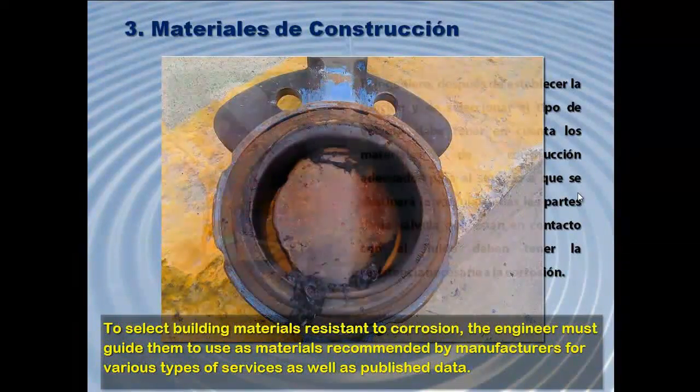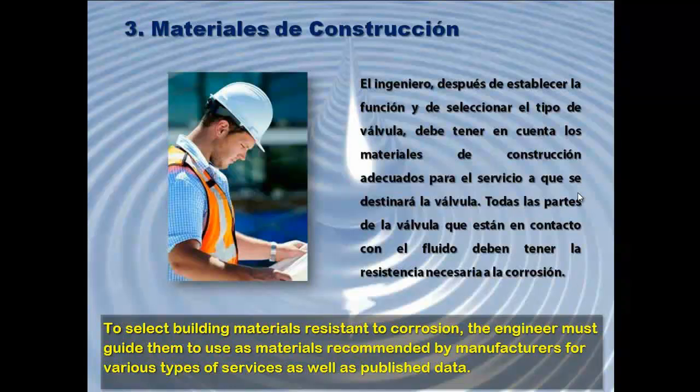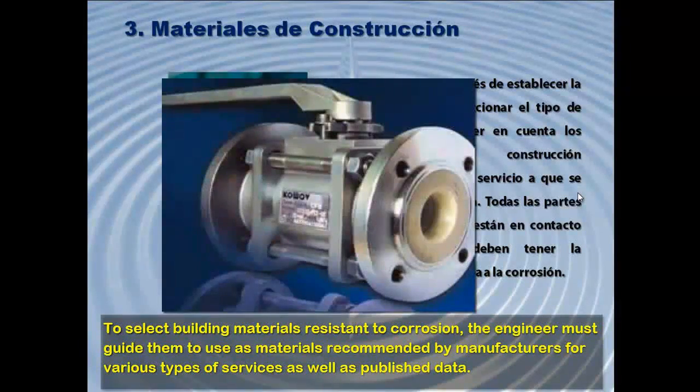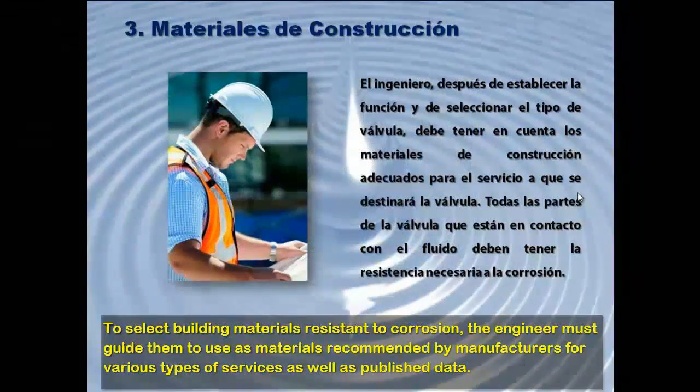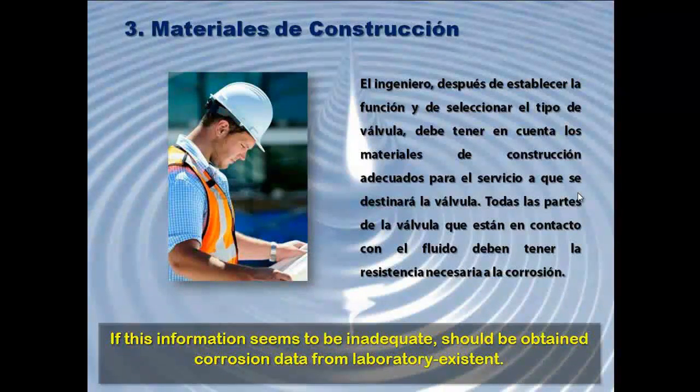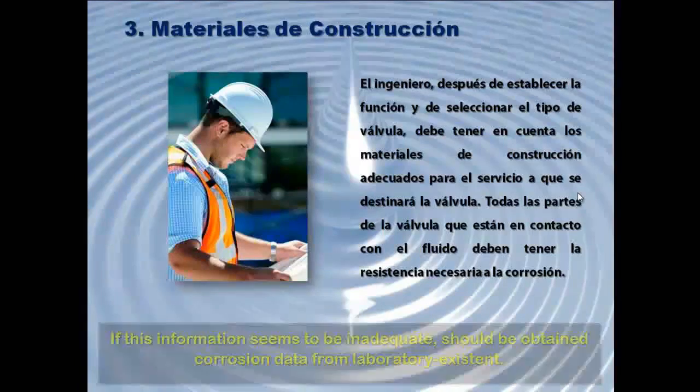To select building materials resistant to corrosion, the engineer must use the materials recommended by manufacturers for various types of services as well as published data. If this information seems inadequate, corrosion data should be obtained from an existing laboratory.